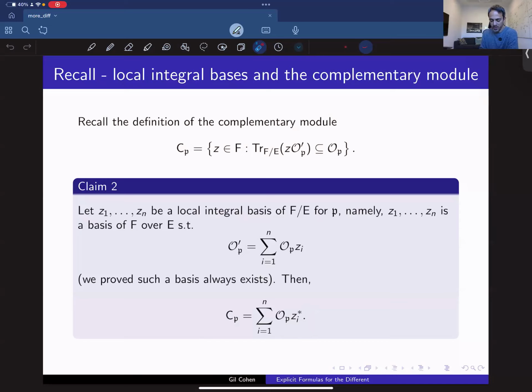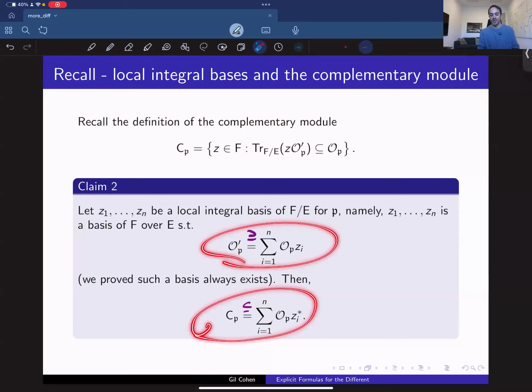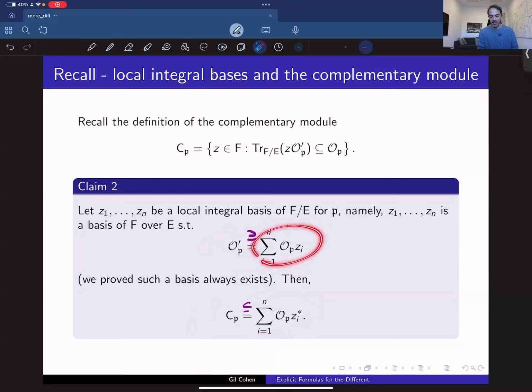So in that sense, it always holds that this is a subset of that, and that's a subset of that. That's part of what led to this claim, which we skipped. But what I'm saying is that once this is tight, then this is tight also, right? Once this is large enough to express all of O'_P, then this is small enough to express exactly the complementary module.